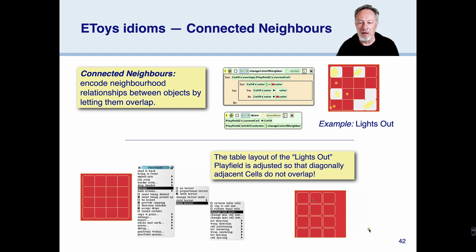And they are close together so that they actually overlap slightly, but not at the corners. So that means that this particular node here will have neighbors to the left, to the right, above and below, but the diagonals do not overlap. And as a consequence, you can use the overlapping relationship to control the scripting behavior.